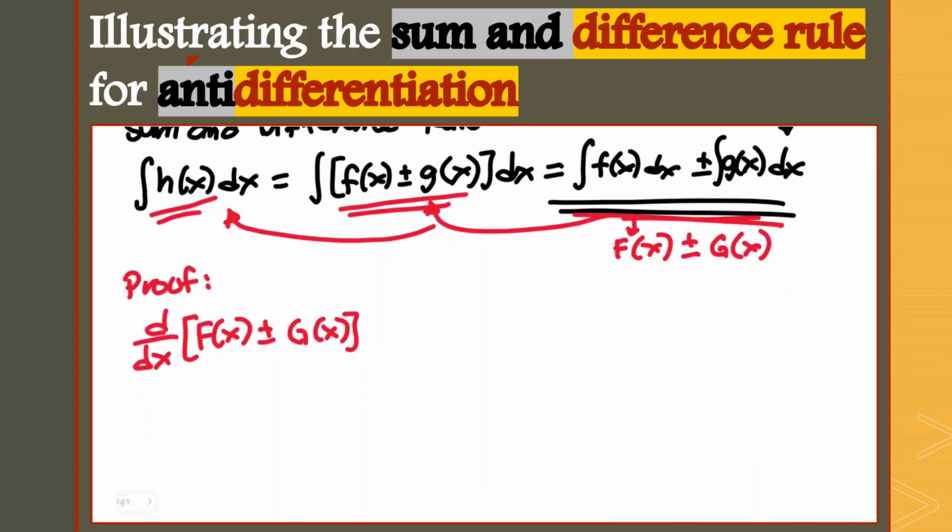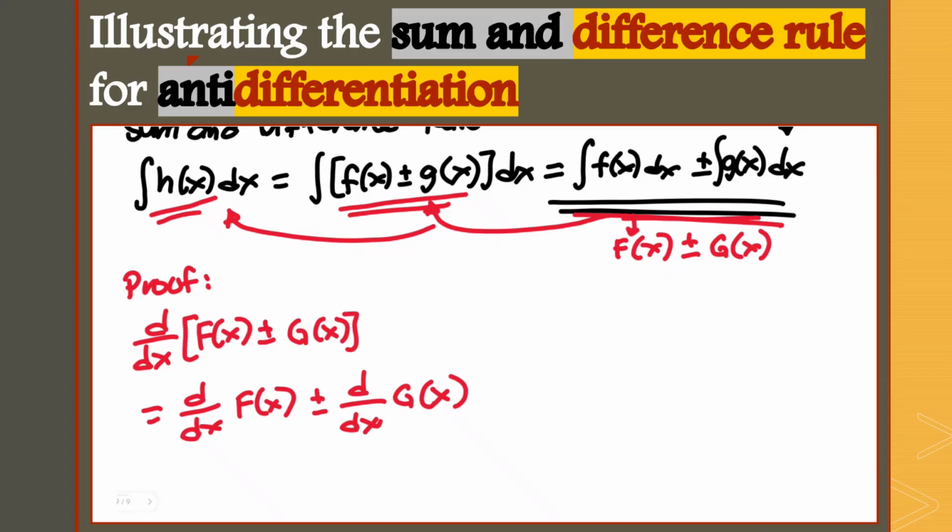Now take note, in our proof here, we are using the derivative. And we already have rules for the derivative as well. We also have the sum and difference rule for differentiation, which allows us to separate the two functions on the same notation, the derivative with respect to x. So this is on the rule of derivatives. We're using that to show the truth value of our sum and difference rule.